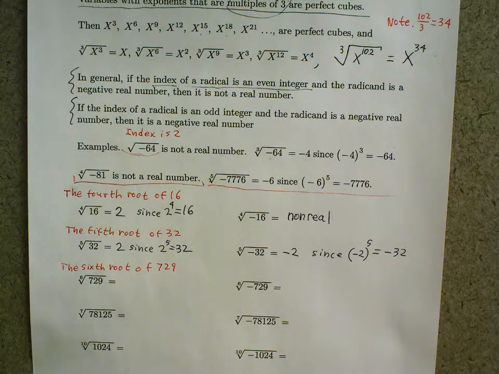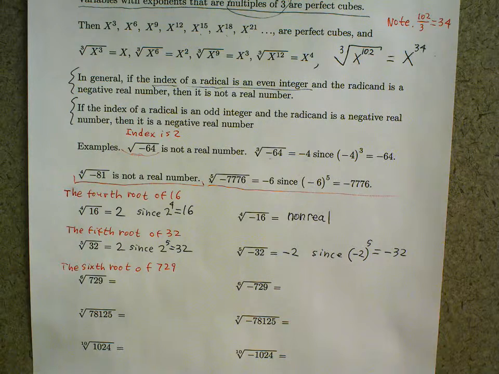Yes, it does simplify to a positive integer. But it can't be very big. If you think about the sixth root of 1 million, that's only 10. So the sixth root of 729 should be smaller than 10. So it wouldn't take that long to figure out what it is. I'll let you figure that out, and you can tell me what it is.